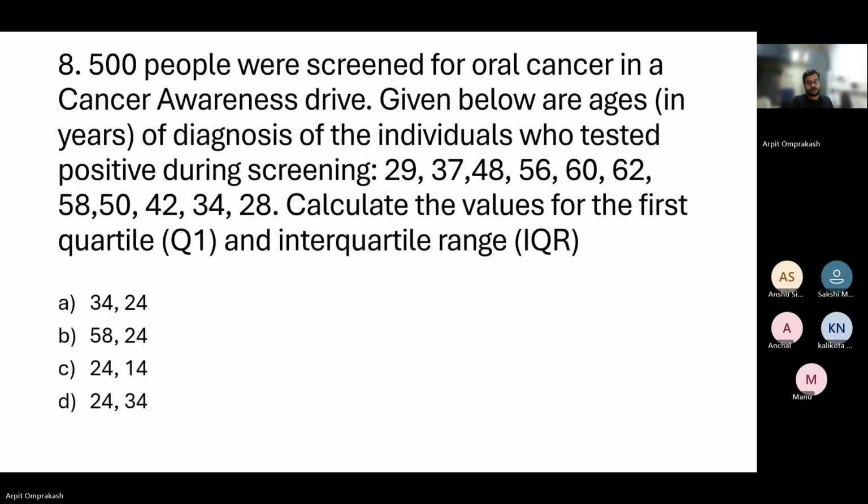So here we are talking about quartiles. The first quartile, Q1, is given as 0.25 into n plus 1 at observation.